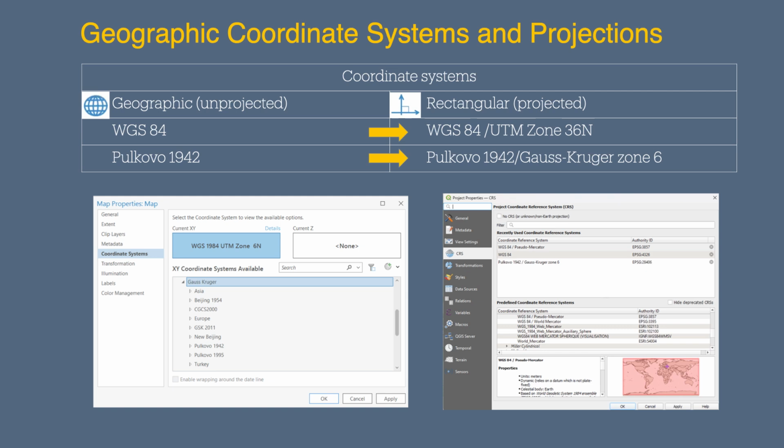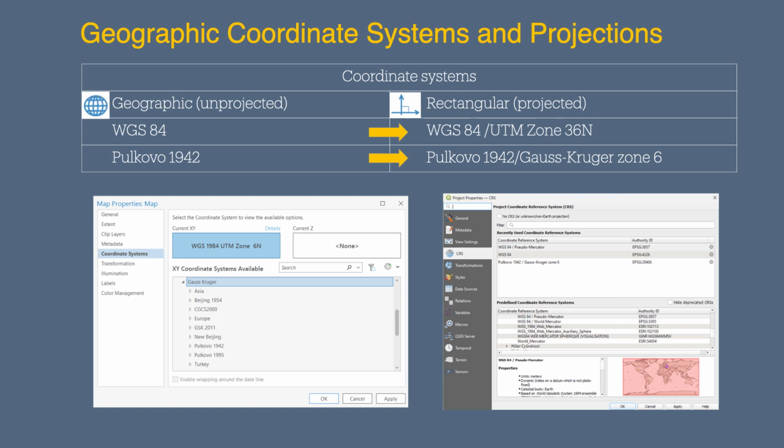Geographic coordinate systems and projections are important concepts in geography and GIS. There are many different coordinate systems used around the world. Each system helps us find the location of points on the Earth's surface.